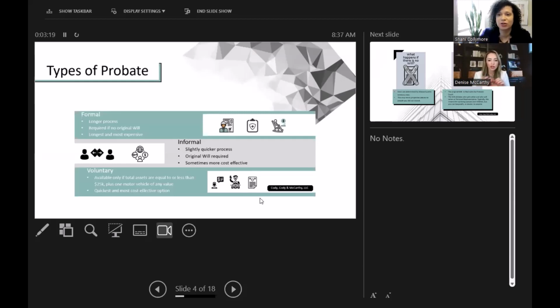I think a lot of people think probate is only for the people that didn't put together a will. So if you missed that, wills do go through probate. They're kind of like instructions that need to be authenticated before they can be used. We will touch on how trusts can be used to avoid probate. I just want to make sure that everybody's clear on that: will or no will, probate.